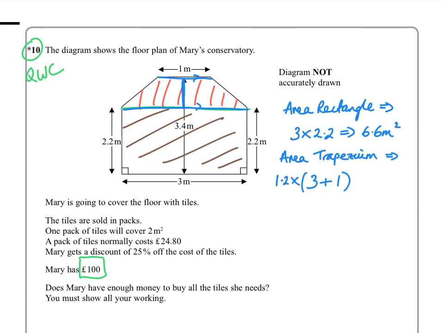Now, if we times the 1.2 by the 3, that would give an area that's too much. If I times the 1.2 by 1, that would not give enough.